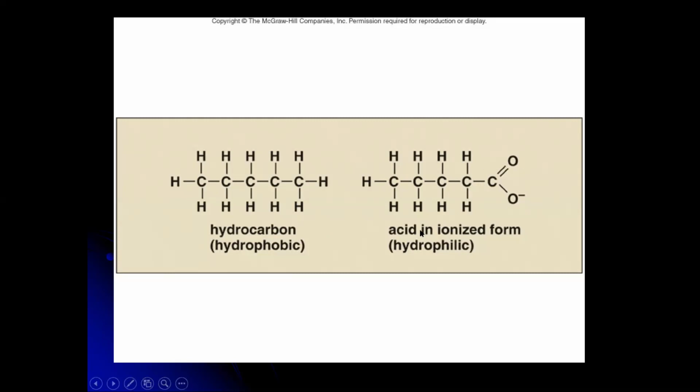This one is hydrophilic, meaning water loving, and it's an ionized form of the acid. Right here you can see that there should be a hydrogen there, and it's not there. By not being there, this oxygen has a negative potential, and therefore it's willing to bond to something, so it can attach to water.